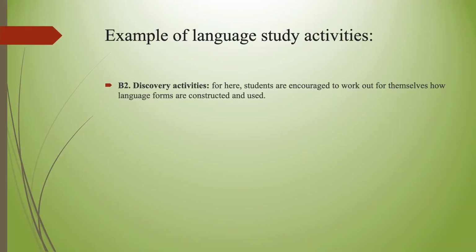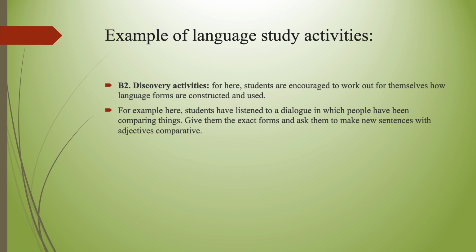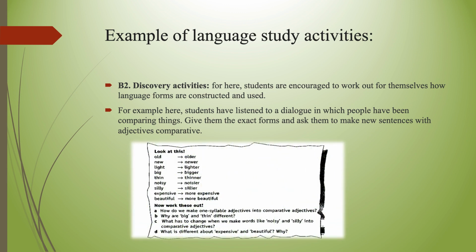Another one, B2, discovery activities. Here it means that the students are encouraged to work out for themselves how language forms are constructed and used, meaning discovering new things. For example, students have listened to a dialogue, a short conversation in which people have been comparing things.